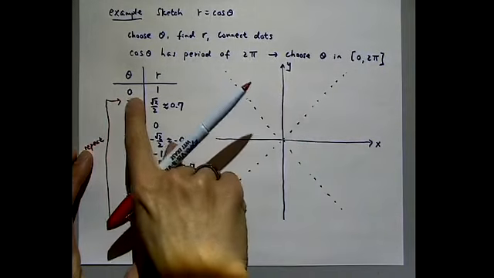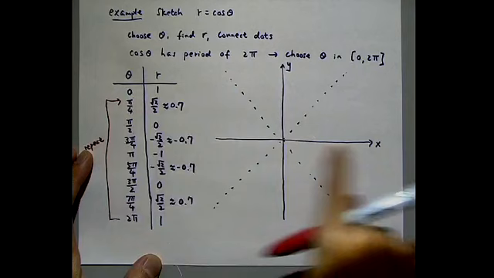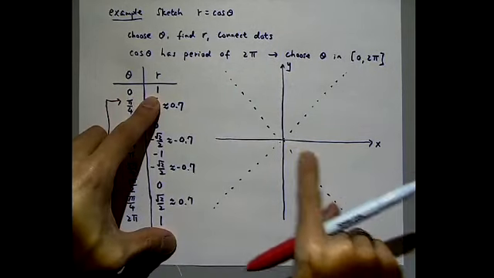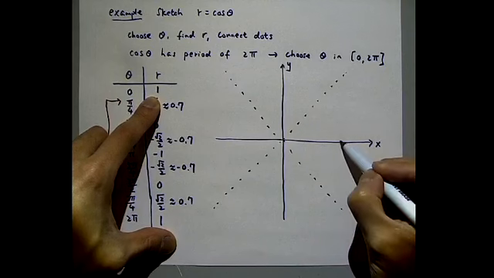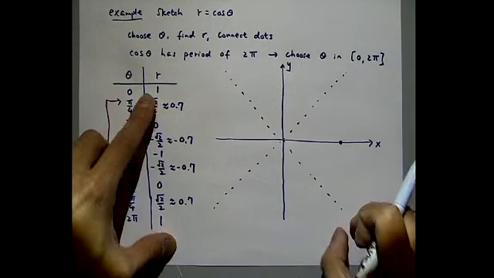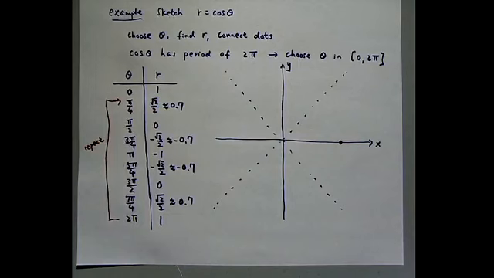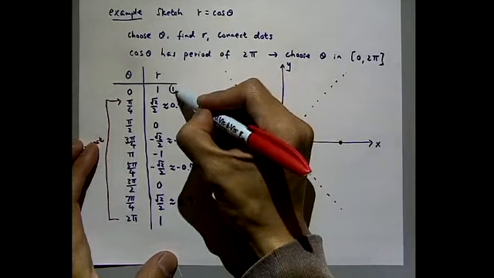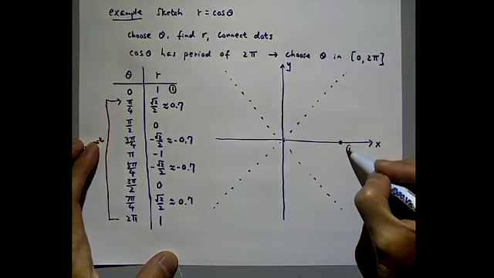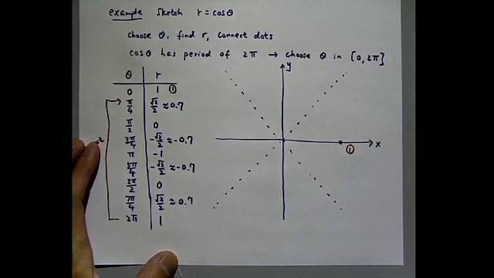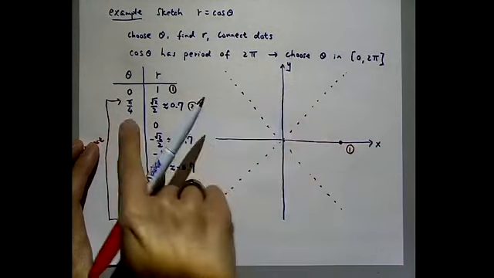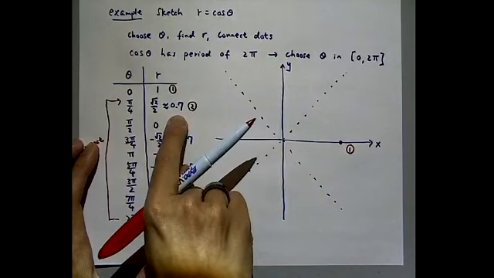Okay? Now let's put down our first point, 0, 1. This is saying theta equal to 0, right here, and r is equal to 1. So I go over here, 1 unit, let's say right here. Let me label these things. So this is point number 1. Point number 2: at pi over 4, I go 0.7.